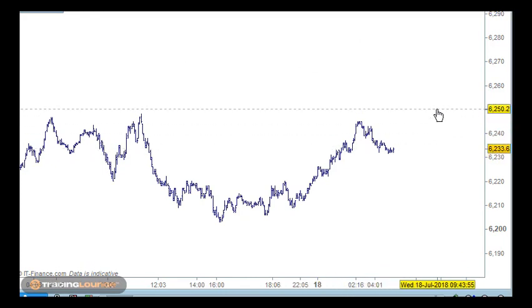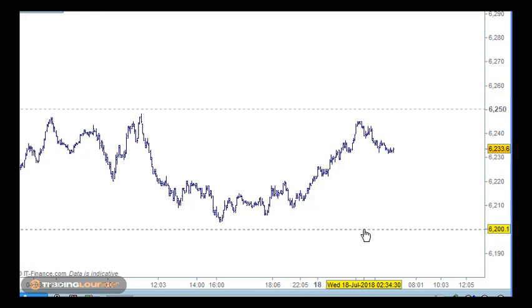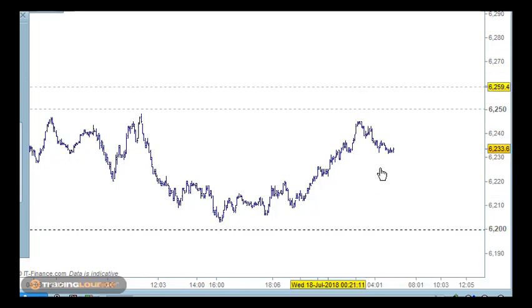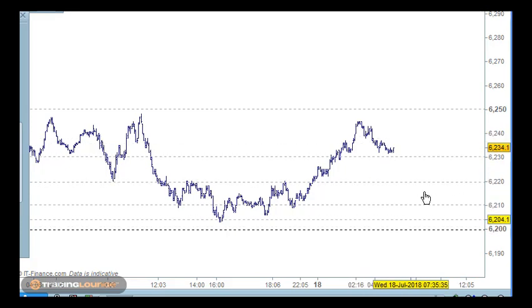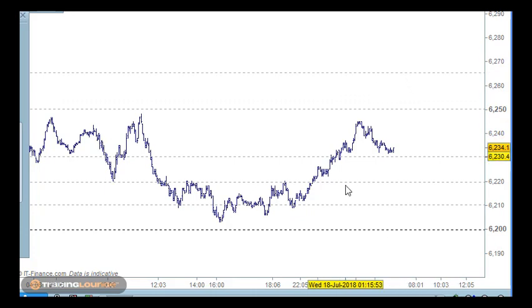We've got 250 here, and then we've got 200 here. So we can darken that one into black here because it's a minor level. And then we can look at these levels here, so 10, 20, 30, and then 50. And then, of course, the next ones here are 65, 72, and so on.